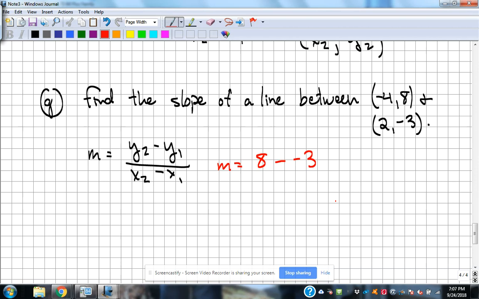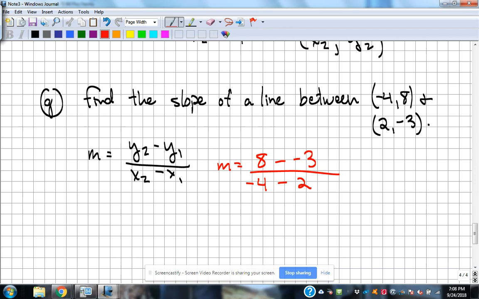So we have 8 minus -3 on the top. On the bottom, since I started with 8, what x value do I have to start with? The -4. I have to start with that one because I started with 8. Minus 2.